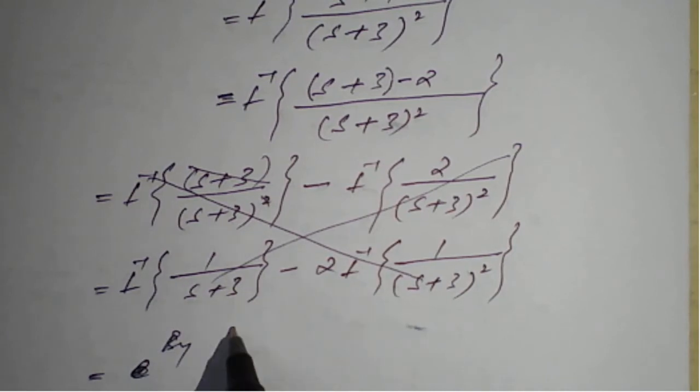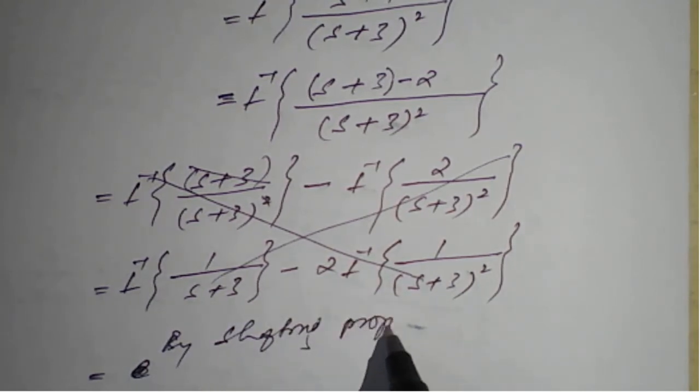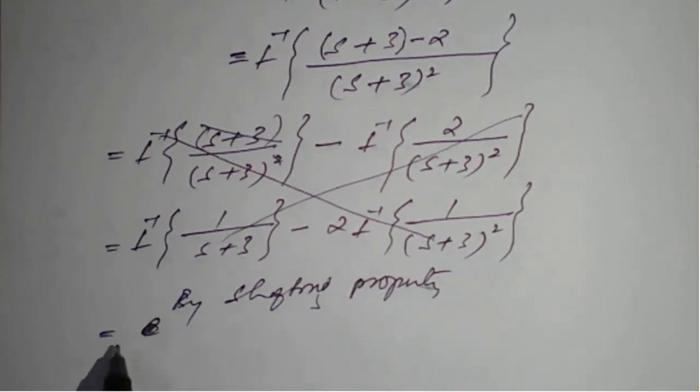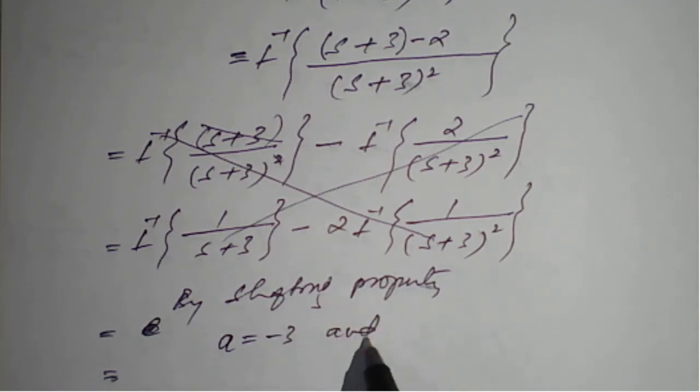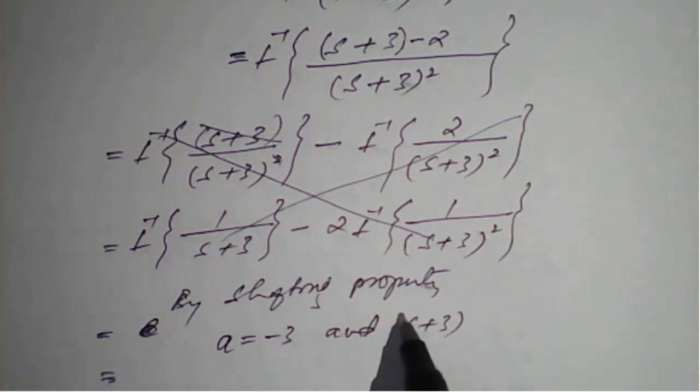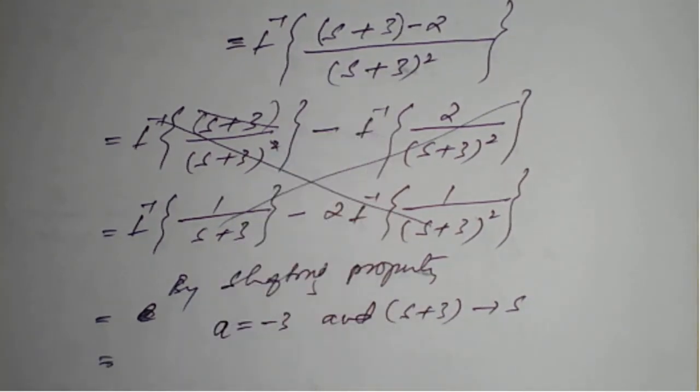By the shifting property, the value of a is minus 3 and s plus 3 changes to s. What happens to this step, we'll see now.